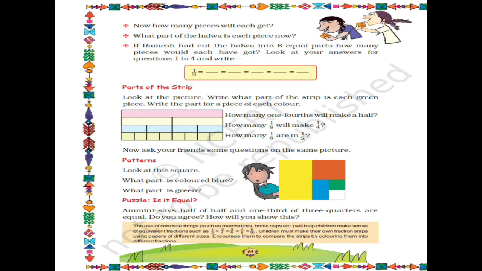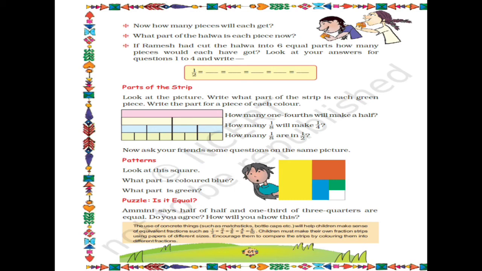If Ramesh had cut the halwa into 6 equal parts, how many pieces would each have got? Suppose Ramesh is cutting the halwa into 6 equal parts, how many will each of them get? Obviously, if we divide it into 6 parts, half into 6: 2 gets cancelled, 6 gets cancelled, 3 will remain. So 3 ones are 3. So they will be getting 3 equal parts.